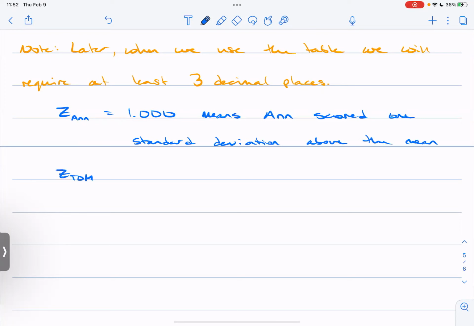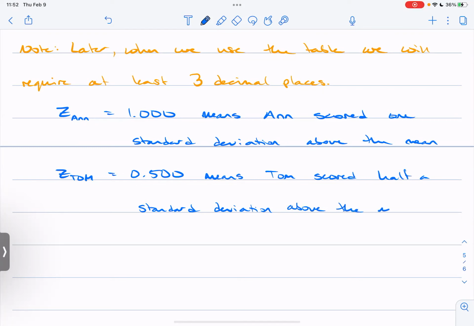And Z for Tom was 0.5, which means that Tom scored half a standard deviation above the mean.